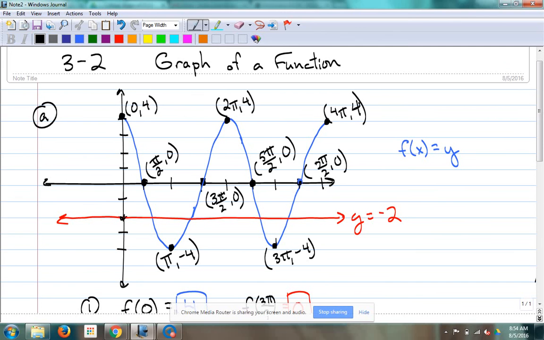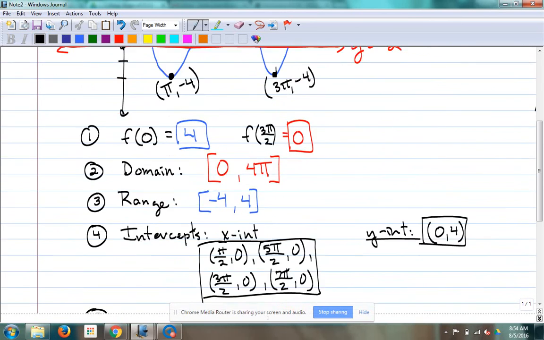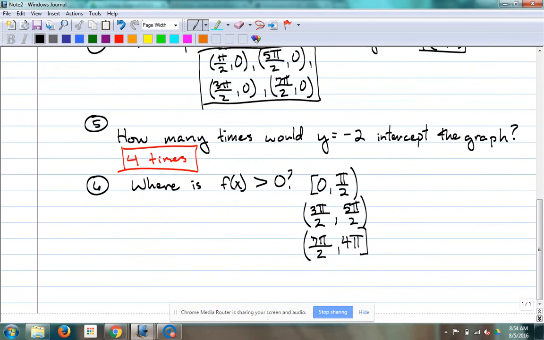Because our interval that 2 pi is part of is from 3 pi over 2 to 5 pi over 2. All right, so when I'm looking at that piece, all the y values starting at 3 pi over 2 are positive. At 2 pi they're still positive, right? They're still positive until I get to the next one.